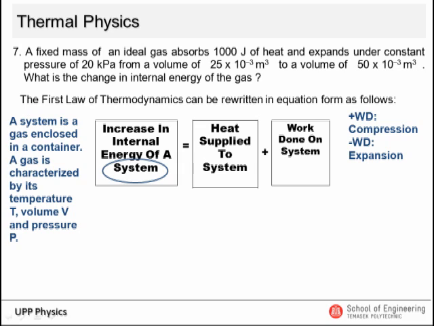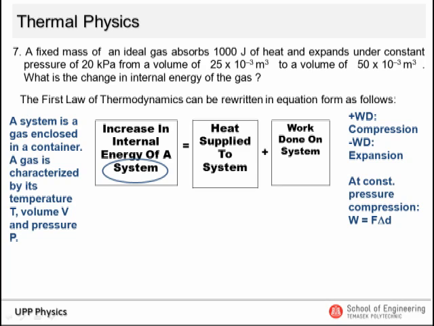Then how do we calculate work done on the system? Well, let's try to derive the work done on the system at constant pressure compression. So we know that work done is force times displacement d in the direction of the force.